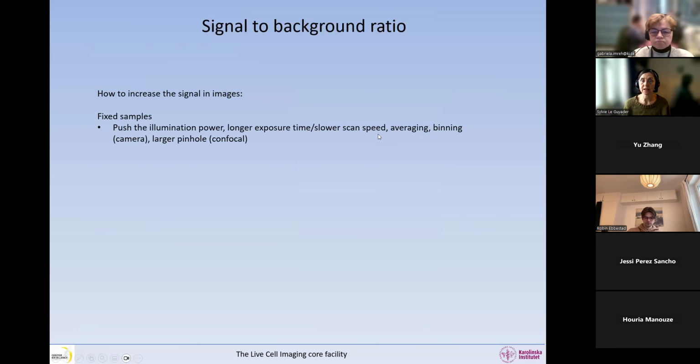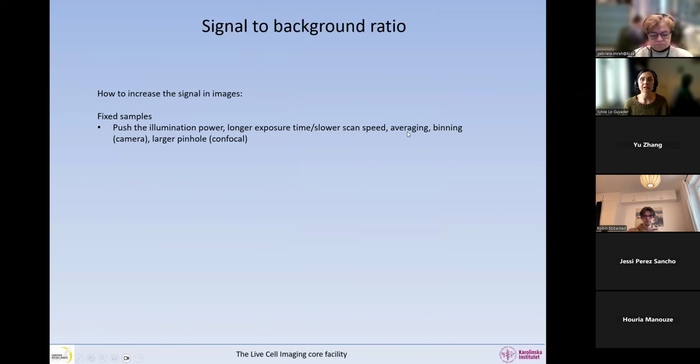This is the pixel dwell time. Pixel dwell time, again, is a little bit the exposure time per pixel on a single point confocal. So we can have longer pixel dwell time or exposure time to integrate more photons so that we get a brighter pixel. We can also use averaging.